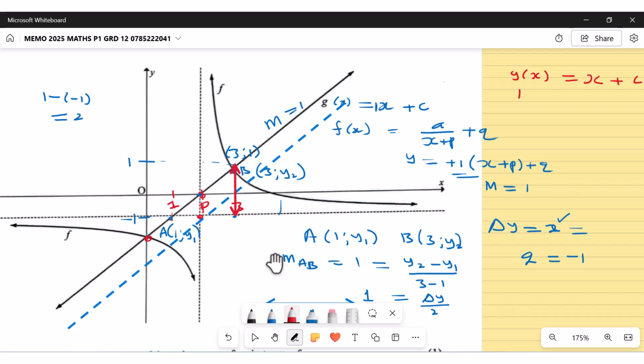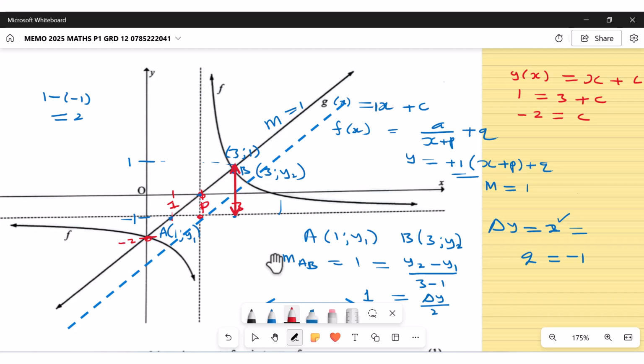But at p, the same as the x-intercept, what happens at the x-intercept? We know that our y equals 0. So the x at p, if I put a 0 here, gives me x as 2. So in other words, x equals 2, which is the same as p.